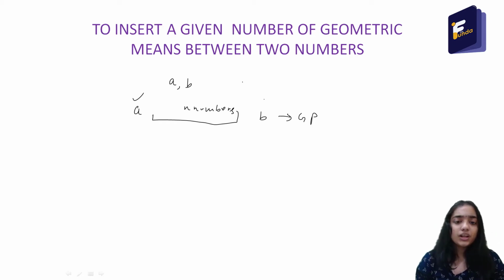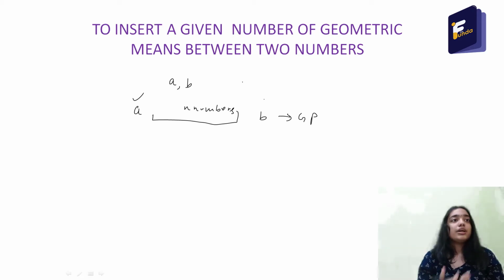So how are we going to find those numbers such that A, those numbers and B are all in GP? I'm now going to discuss the process. As we know, these n numbers plus the first number A and the last number B form a GP.